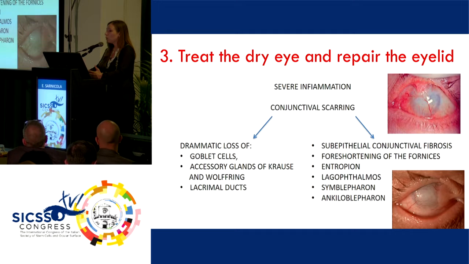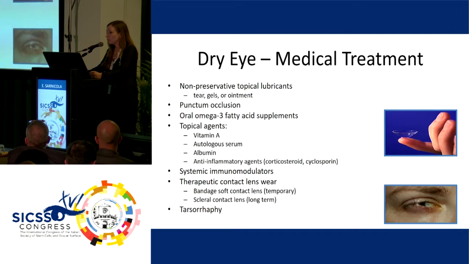So these patients, once we have brought the inflammation under control, we should remember that the residual surface is no longer normal, so they have a residual deficiency that might cause a relevant dry eye, and in most severe cases, even alterations of eyelid anatomy. All conditions that should be surgically reconstructed before a possible transplantation.